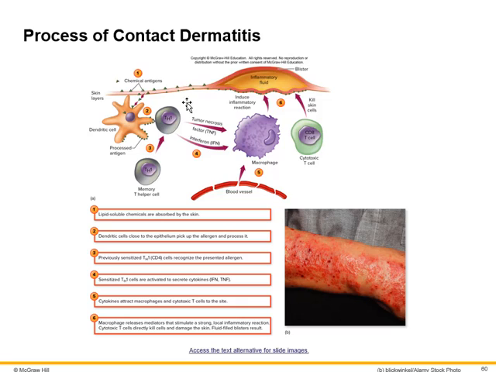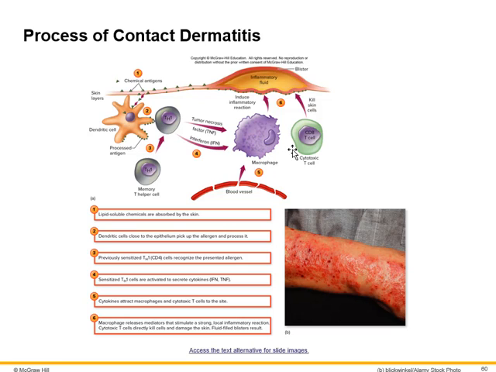So the first thing that happens is the antigen comes into contact. You get these antigen-presenting cells that present to a T helper, which produces tumor necrosis factor and interferon, which makes these macrophages angry macrophages.